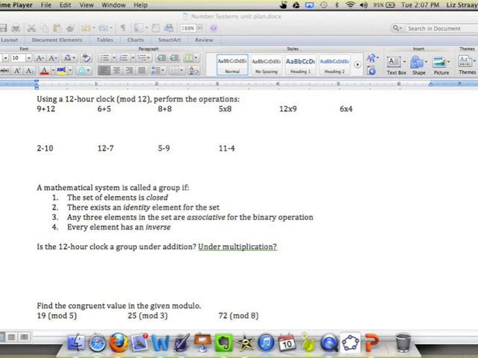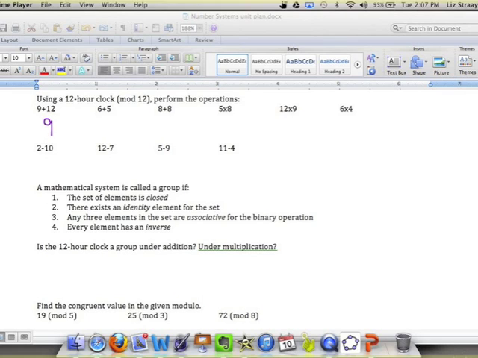Okay? So thinking about a clock, sometimes actually looking at a clock helps me when I think about a modular arithmetic problem. If I take a 9 and add it to a 12, so if it's 9 o'clock, what time is it 12 hours later? 9 o'clock again.